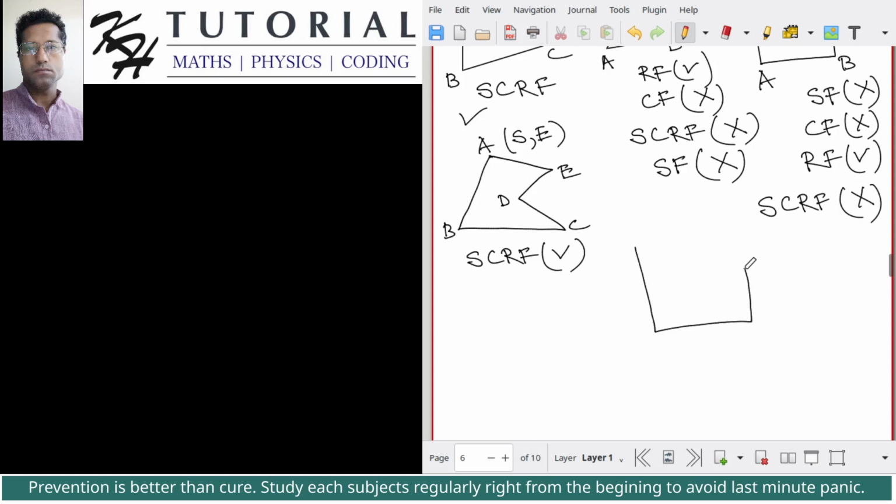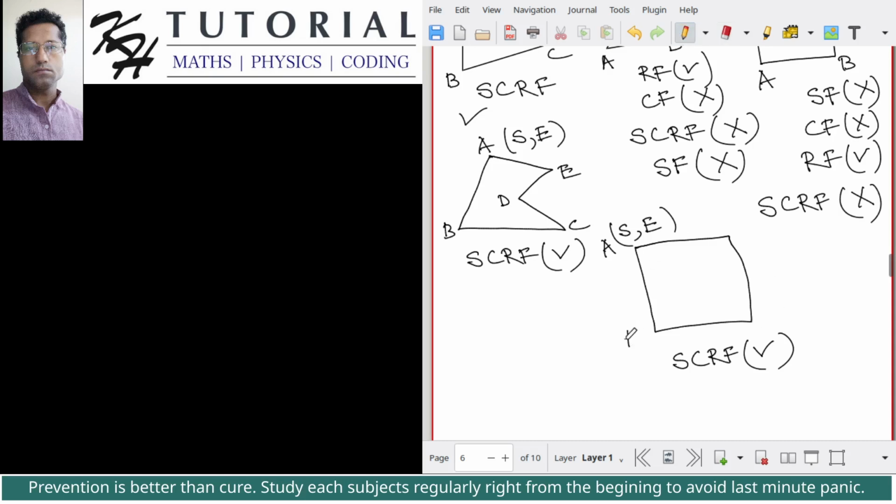So a square, as you know, is also a simple closed rectilinear figure. Even though this is not looking like a square, please assume that this is a square. This figure is made up of the points A, B, C and D, where A is also the starting and the end point.